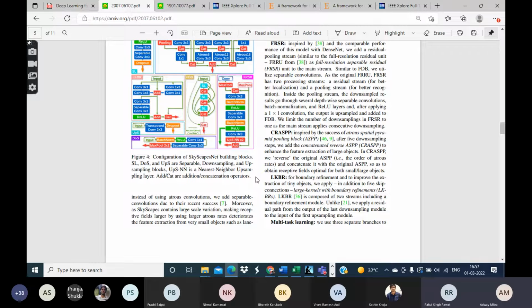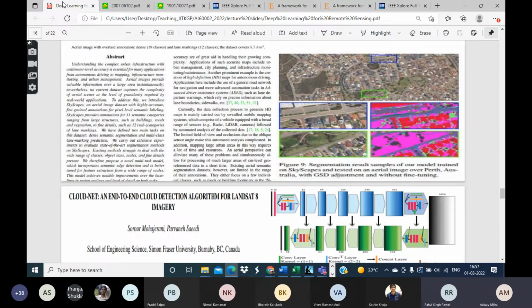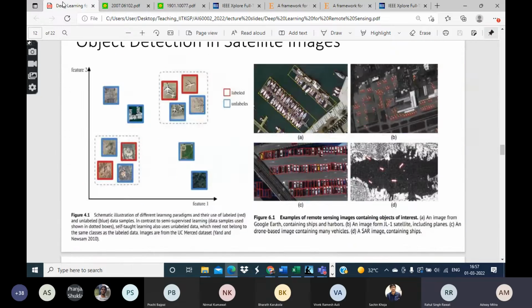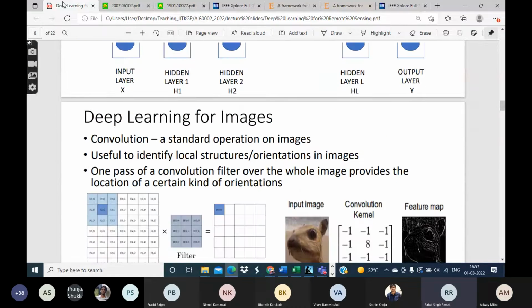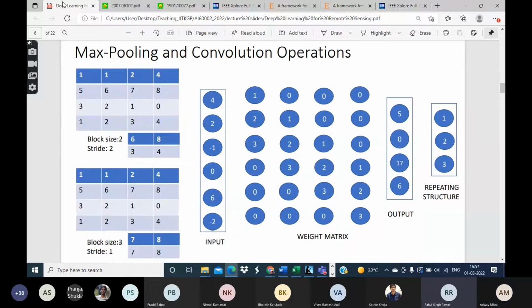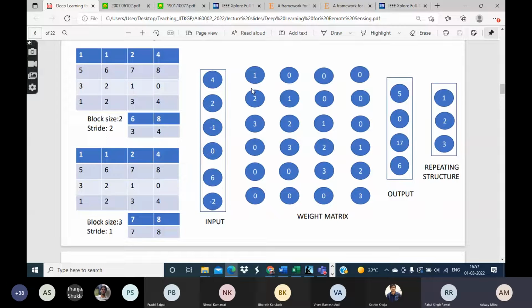As we saw in yesterday's example of a convolutional network, this is actually a sparse matrix. Many of the elements are zero.